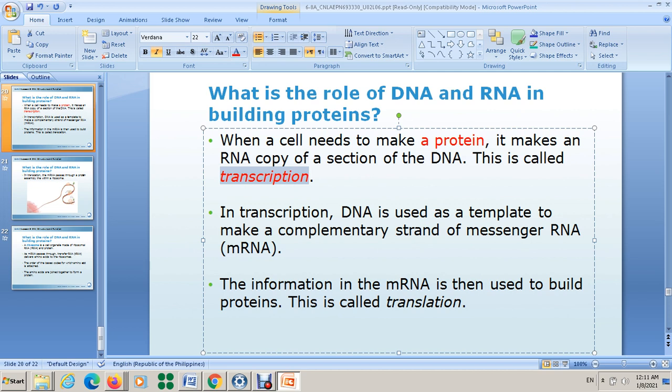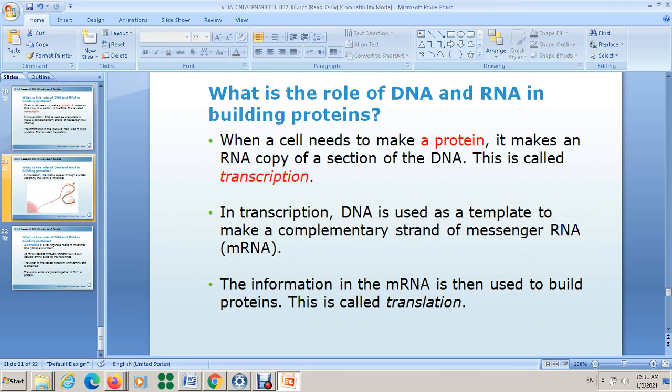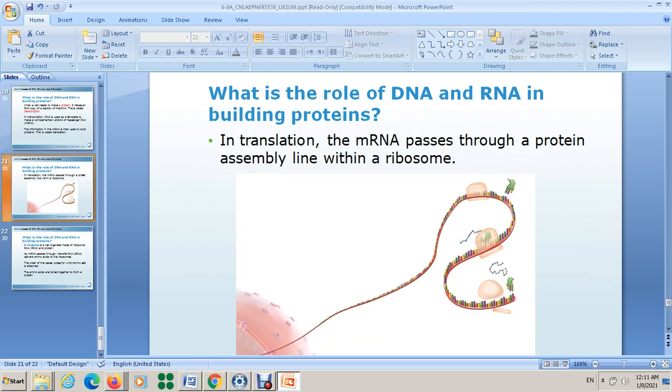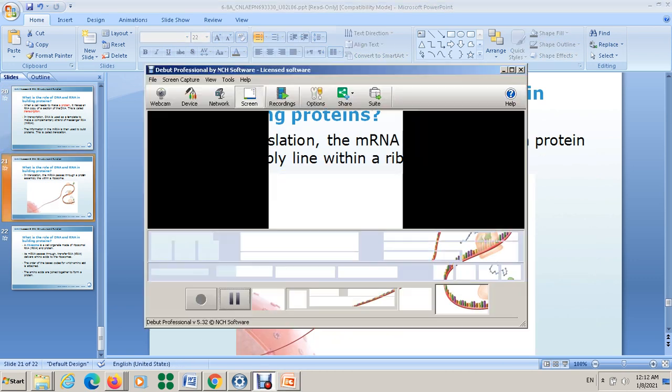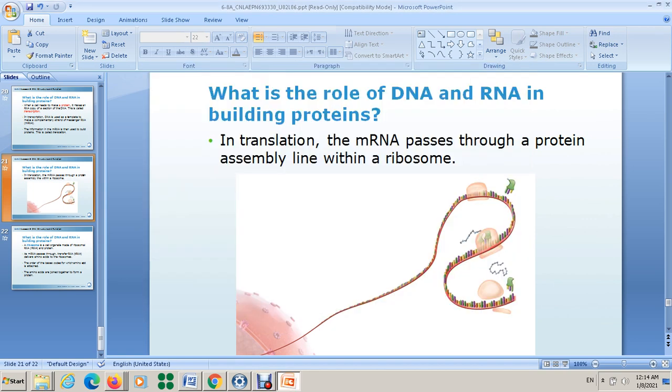Let's start with making a protein. Imagine inside the cell, at the beginning, the DNA is inside the nucleus. It gives the information to make a protein. How will it give the information? It will start to copy the information, or the instructions, on the DNA into another molecule.